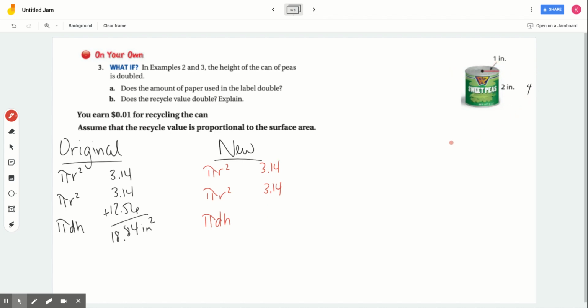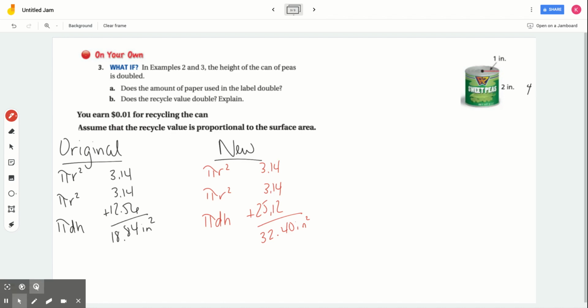So 3.14 times 8, which is 25.12. Now when we add this, I have 32.4 inches squared.